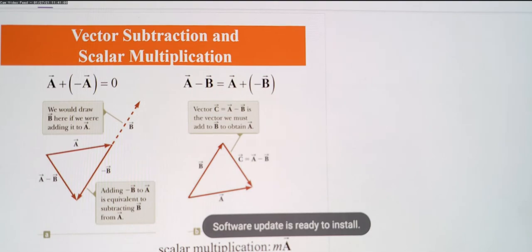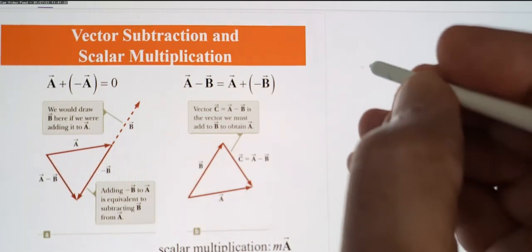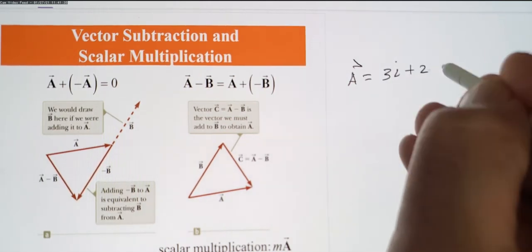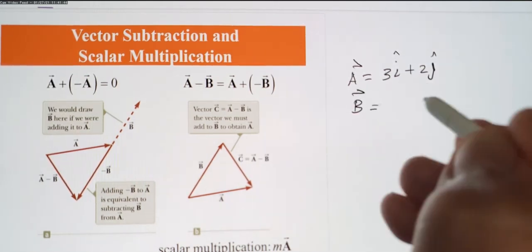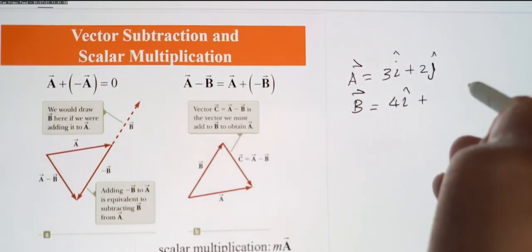Okay. Now, what is A minus B? Well, A minus B is vector addition, but I add minus B. I don't add B, I add minus B. So, for example, this is A, we said 3i plus 2j. And this is B. Let's say B is 4i plus 5j.